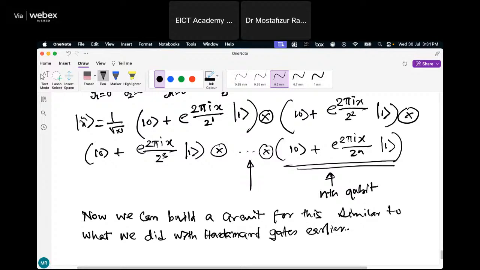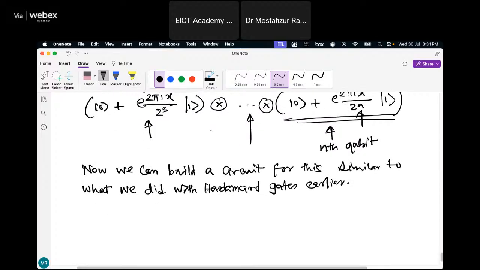The part is very simple, like applying Hadamard, but the only issue is these phase terms. The Hadamard was like |0> plus |1> by square root 2, |0> minus |1> by square root 2, everything was fine. But now these extra terms are coming from the equations, e to the power 2 pi i x by 2 to the power 1, 2 to the power 2, 2 to the power 3, 2 to the power 4. This extra phase term is coming.